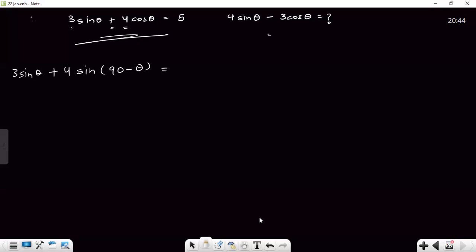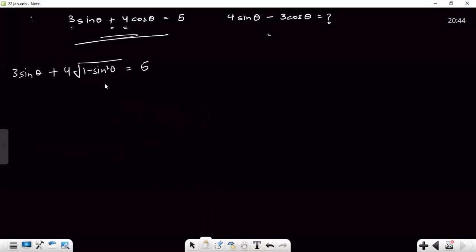Or there is one more thing which we can use. We know that sin square theta plus cos square theta is 1. So we can make use of our knowledge and write square root of 1 minus sin square theta.